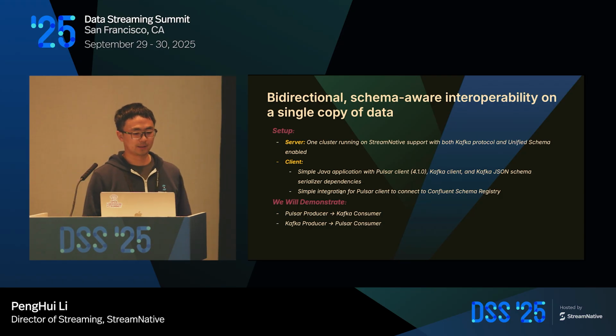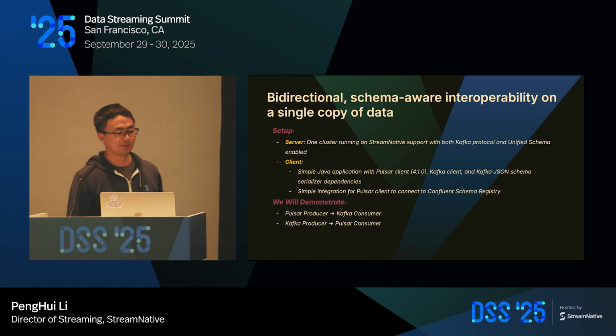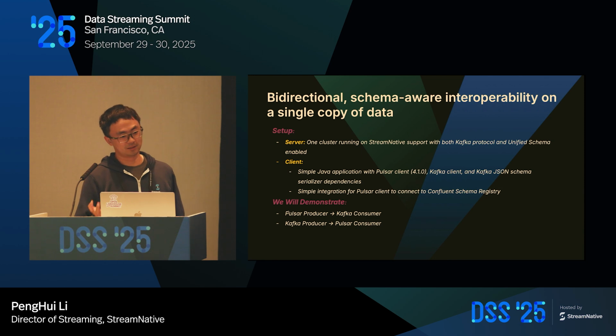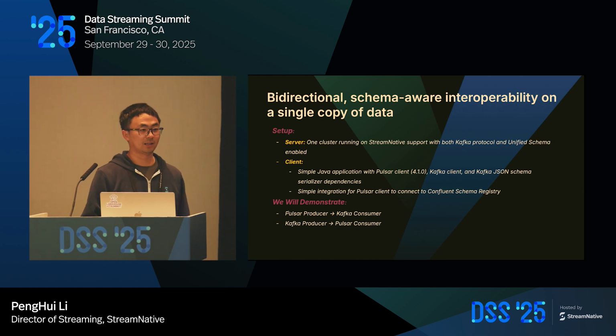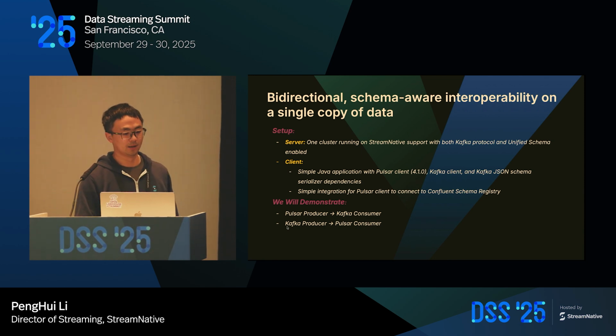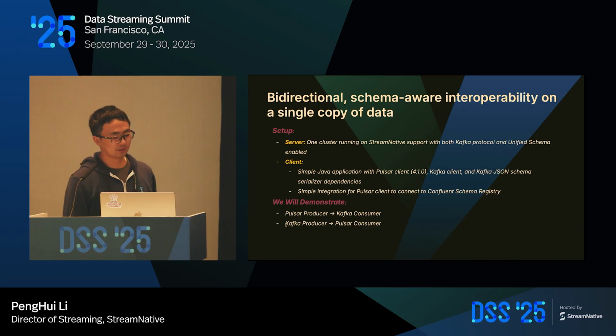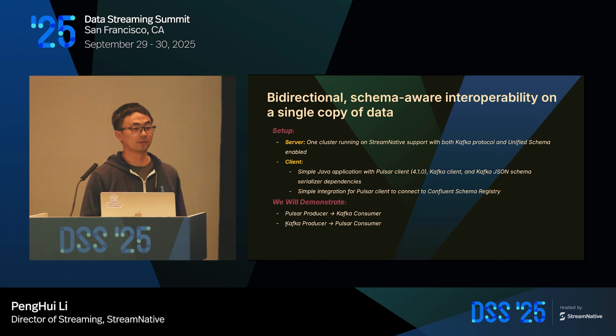We also have a simple integration that allows the Pulsar client to connect to Confluent Schema Registry. Actually, it will connect to the StreamNative Schema Registry, but it's Confluent Schema Registry compatible. We will demonstrate that data sent by the Pulsar producer can be received by the Kafka consumer with the same schema, and the Kafka producer can also send data that the Pulsar consumer receives.